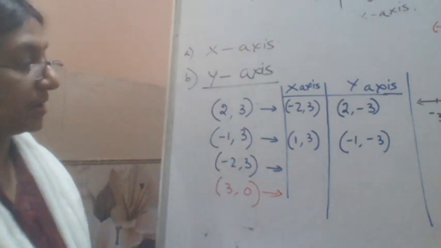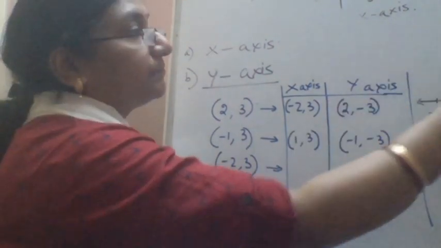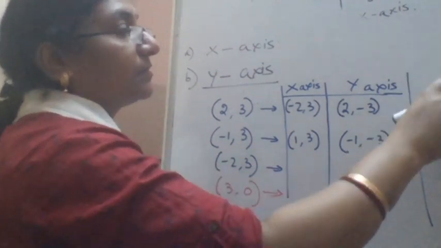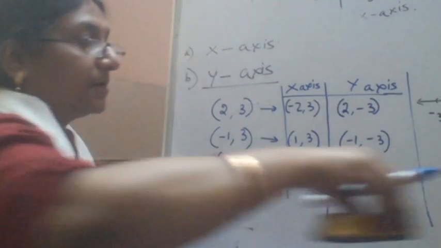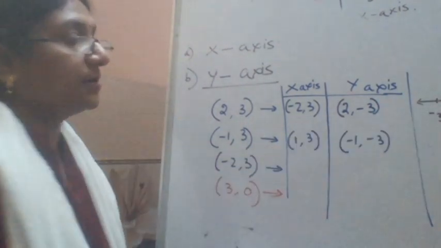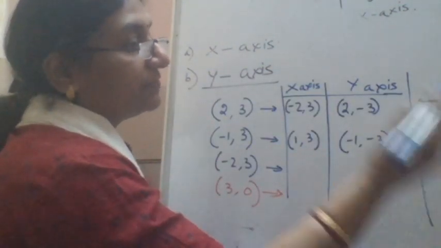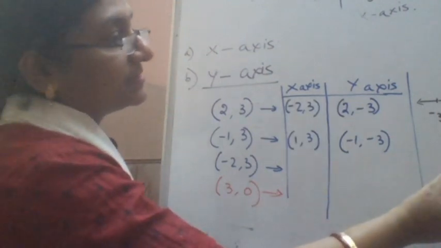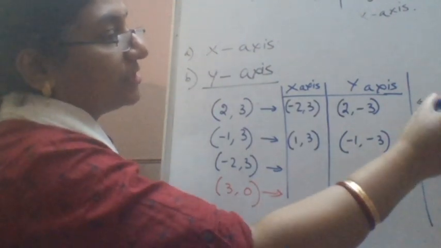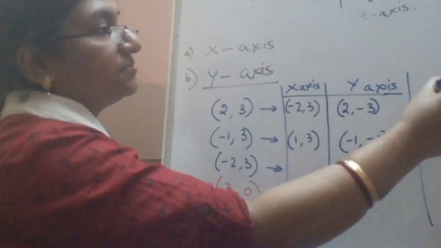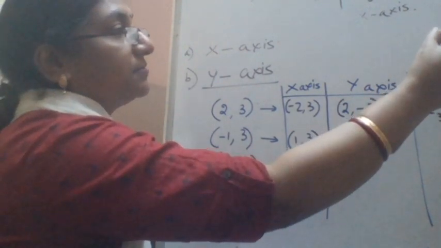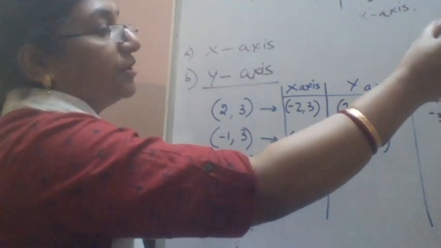If we talk about minus 2, minus 3, which point is that? Minus 2, minus 3, that is this point. And where will be the reflection about the x-axis? The distance is 3 units, so this will be 3 units. What is the coordinate of this point?